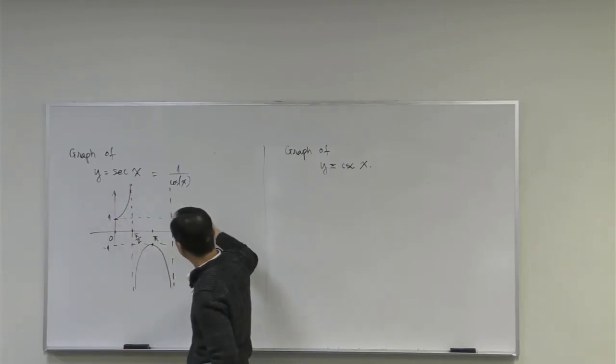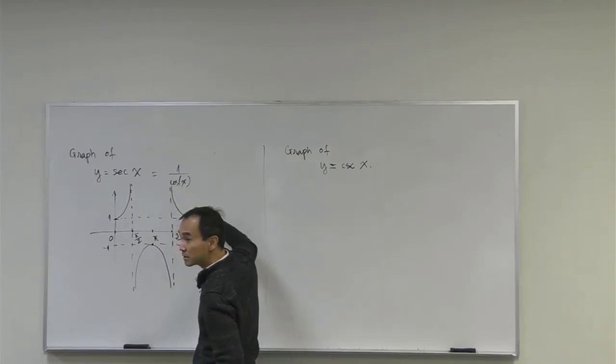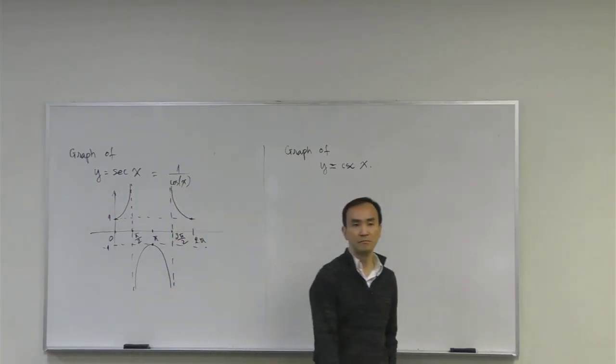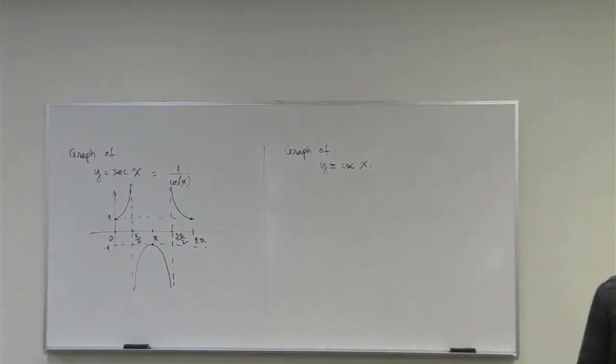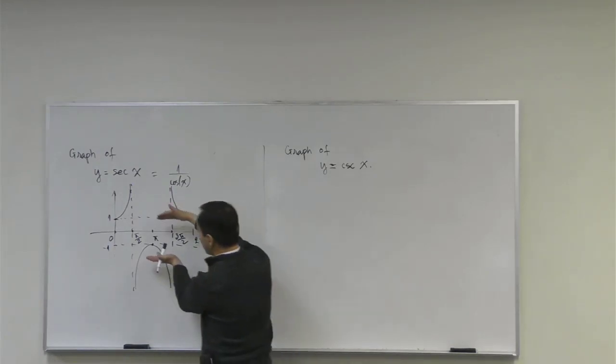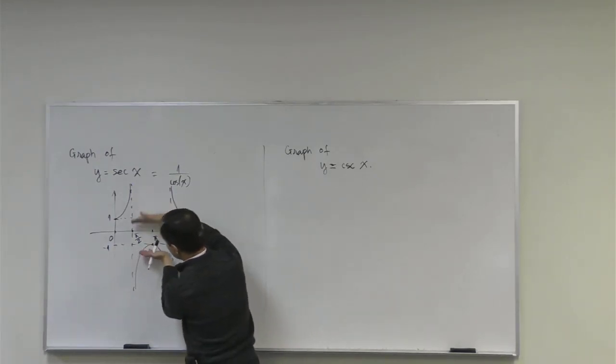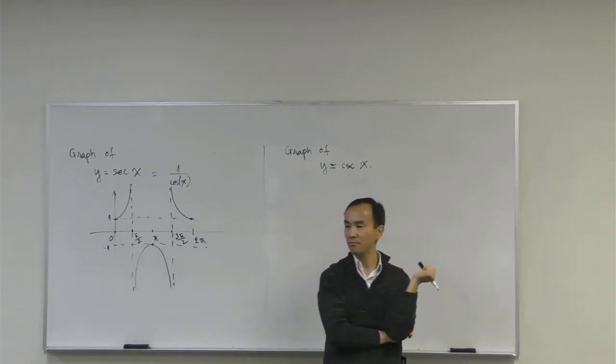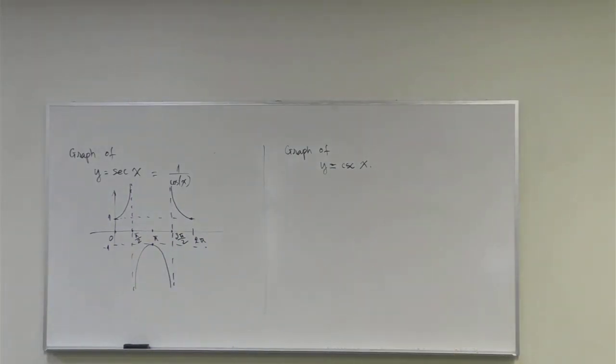And then at 2 pi, it comes to the end of the graph. Like this. That's how we draw that. There's always that space right around the center line. So you must understand that.